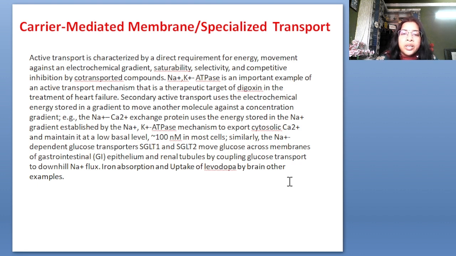Similarly, the sodium-dependent glucose transporters SGLT1 and SGLT2 move glucose across membranes of GI epithelium and renal tubules by coupling glucose transport to downhill sodium flux. Iron absorption and uptake of levodopa by the brain are some other examples.